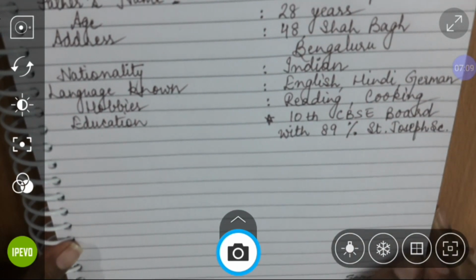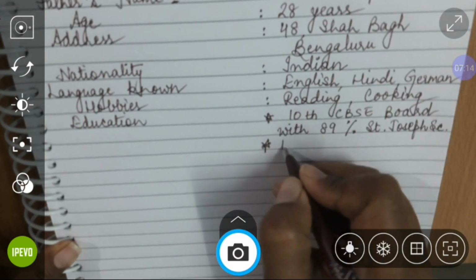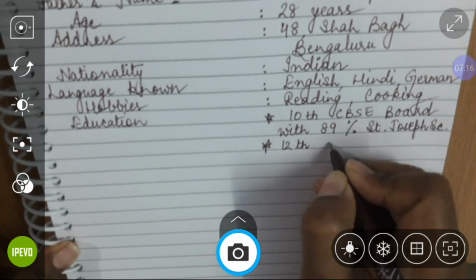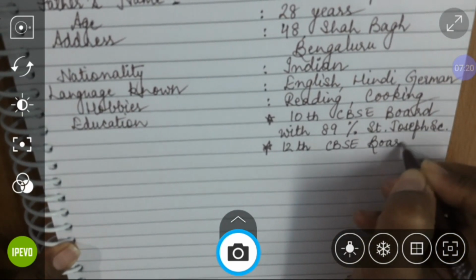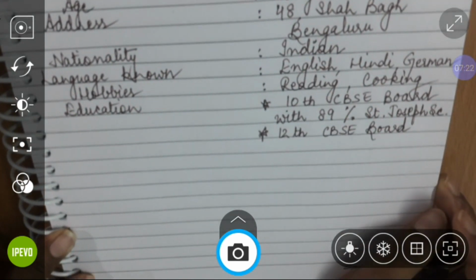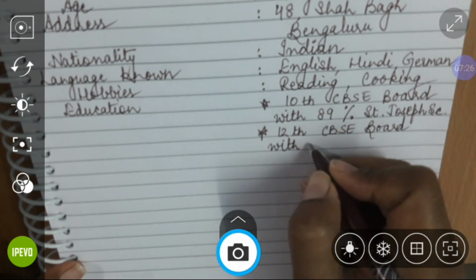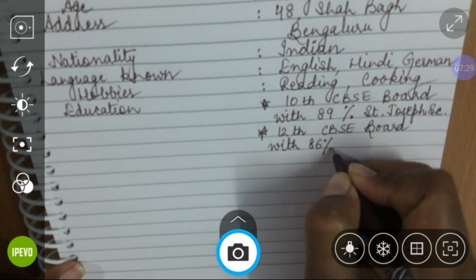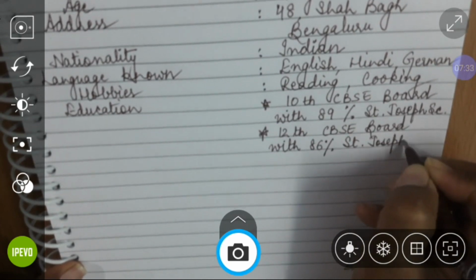Fine. Then 12th, again CBSE board with 86%, again St. Joseph School.